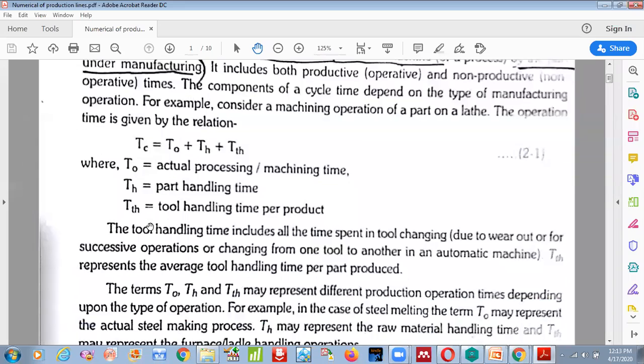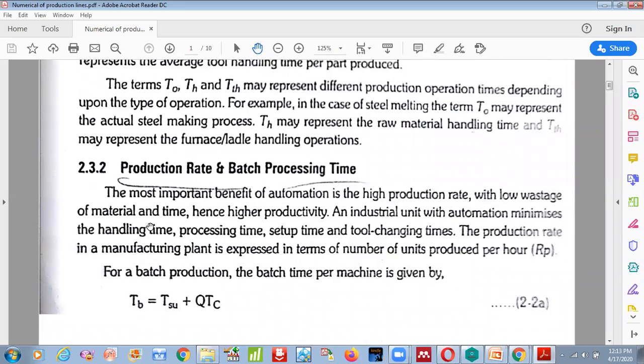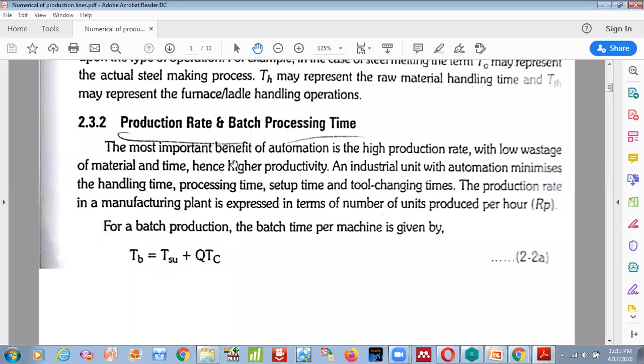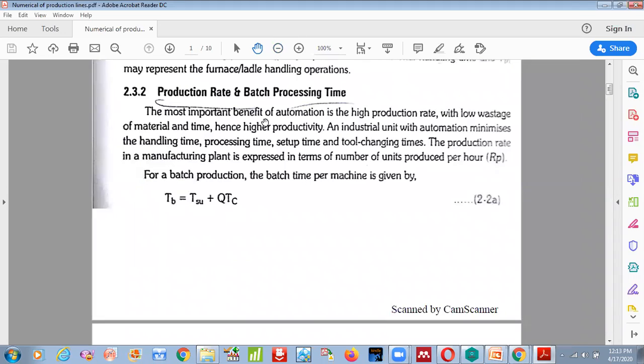Please be noted. The second one is production rate and batch processing time. Basically, the most important benefit of automation is a high production rate with low wastage of material and time. Obviously, it is common sense.